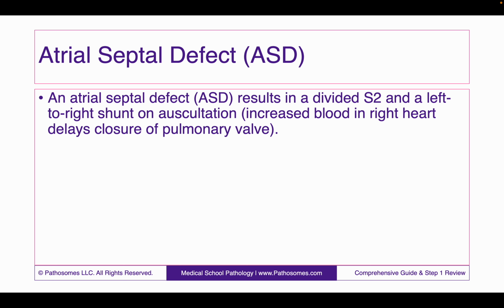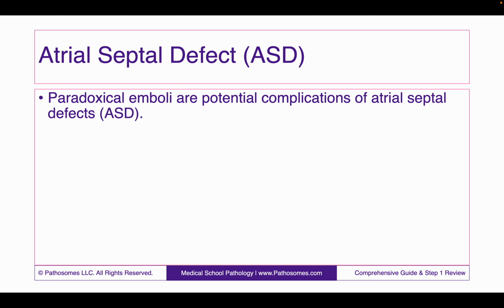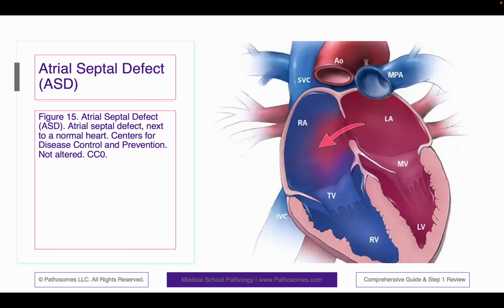An atrial septal defect results in a divided S2 and a left to right shunt on auscultation because there's increased blood flow in the right heart that delays closure of the pulmonary valve. Paradoxical emboli are potential complications of an ASD. And here we have a cartoon of an atrial septal defect.